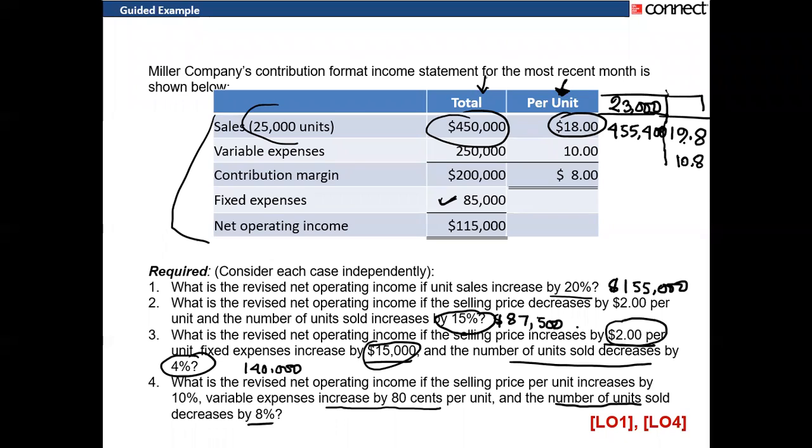Okay, the variable expense is $10.8 per unit, the revised one.